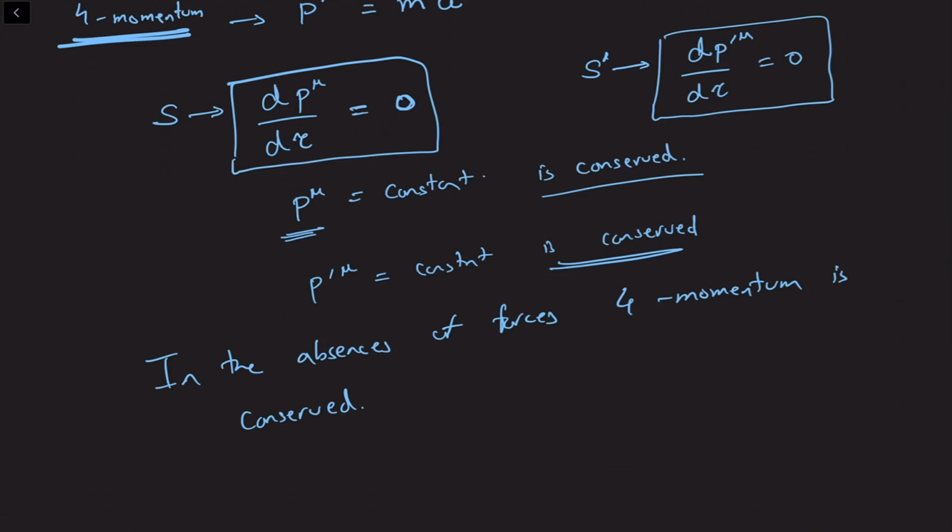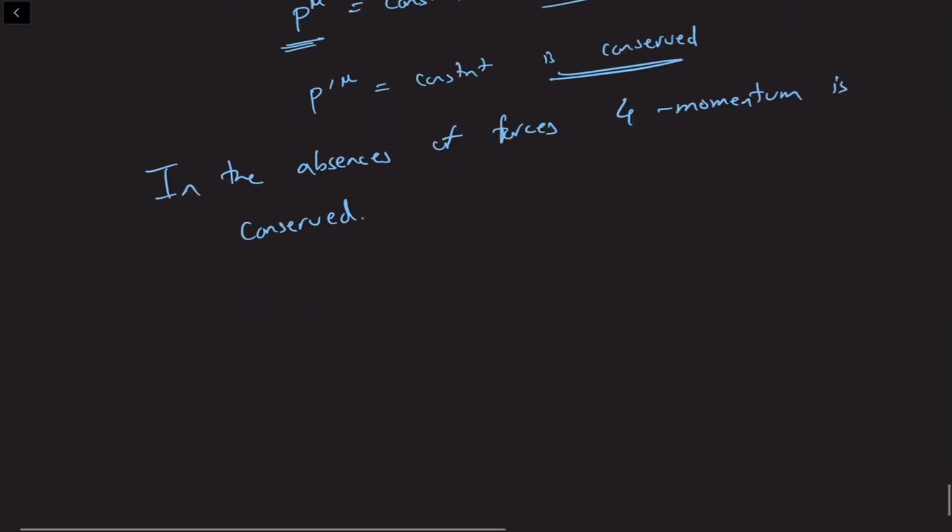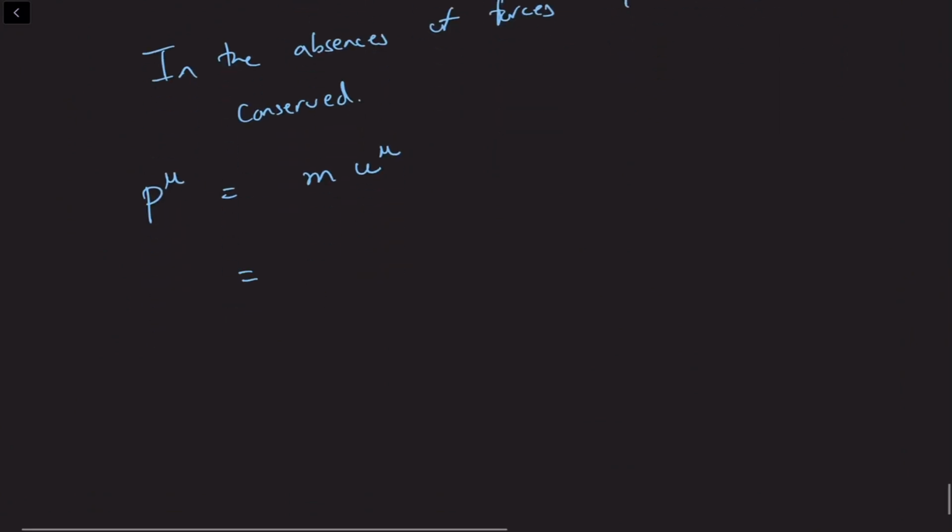Okay, so let's explore this a little more. Let's ask, what is this quantity p^μ, and what are these 4 things that are conserved? So p^μ is m times u^μ, and let's write down explicitly each of these components.